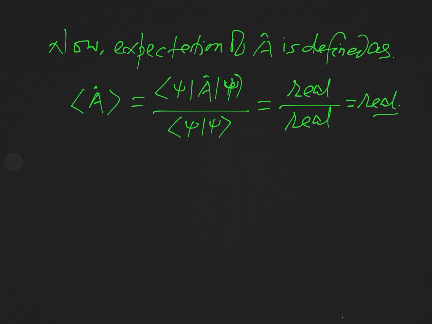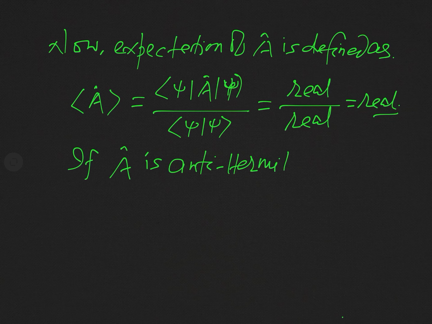Now we will see that the expectation value of an anti-Hermitian operator is imaginary. So now let us consider A hat is anti-Hermitian. If it is anti-Hermitian, then we know that the adjoint of A hat will be equal to minus A hat, not equal to A hat.